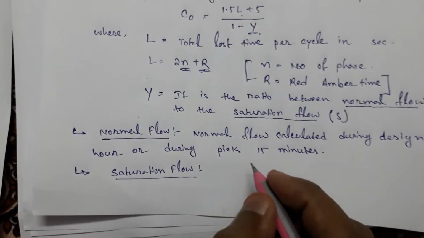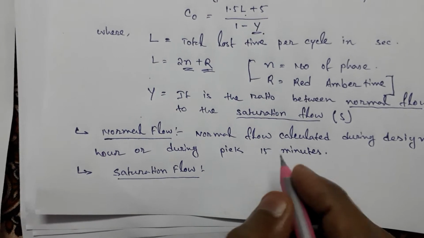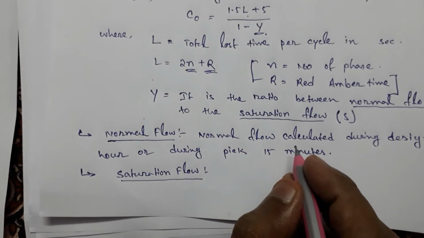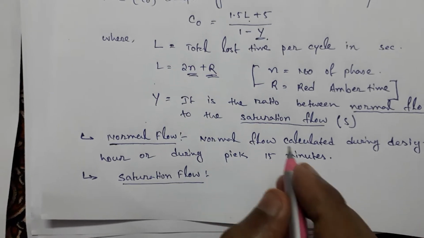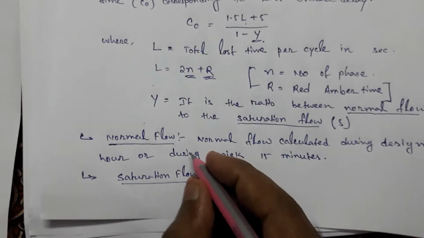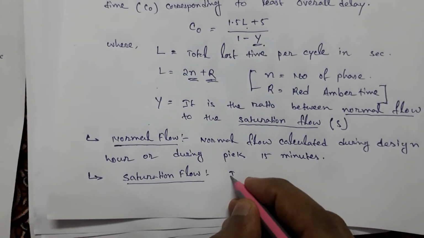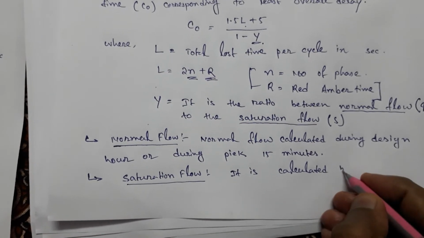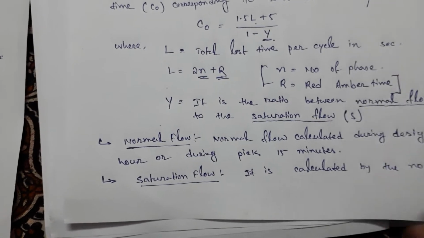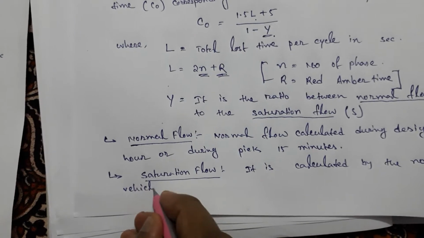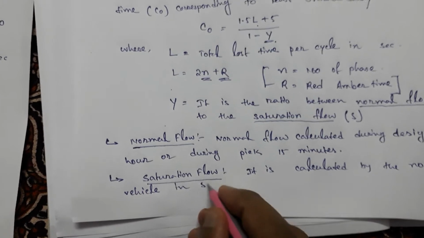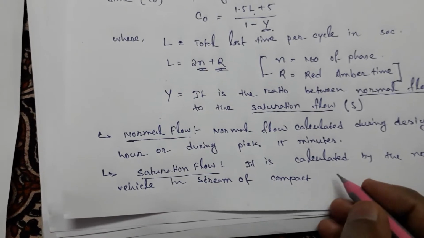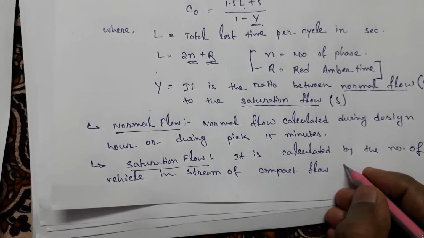It is calculated by noting down the number of vehicles in a stream of compact flow during the green phase time.